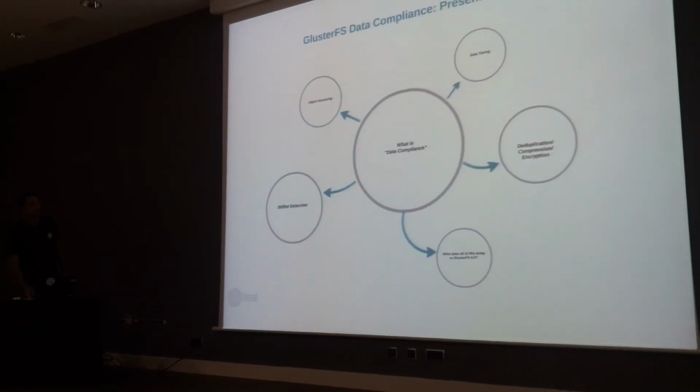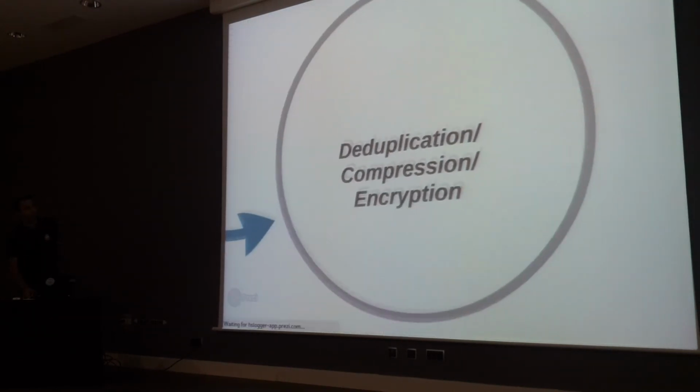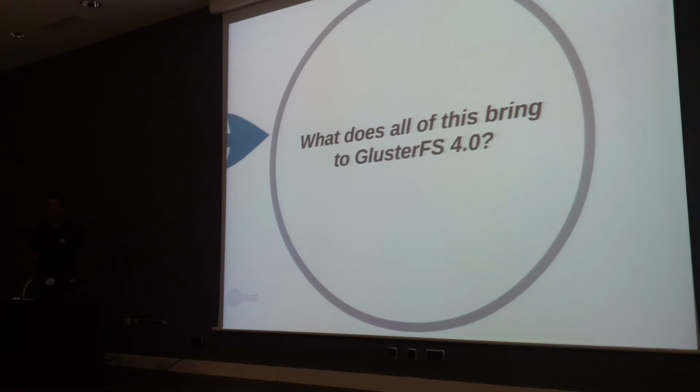So, what does it bring to us for 4.0? We feel we have done the groundwork, developed the infrastructure, and introduced algorithms. We have not reinvented algorithms. We have pulled some of them from the Linux kernel itself.